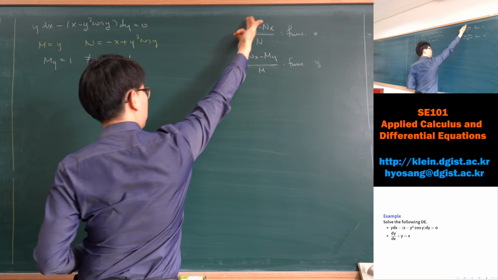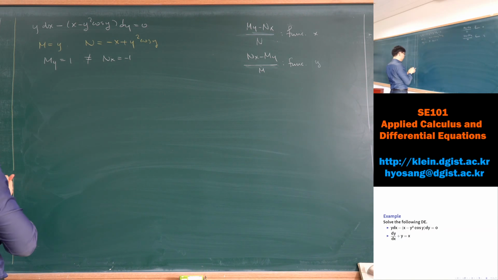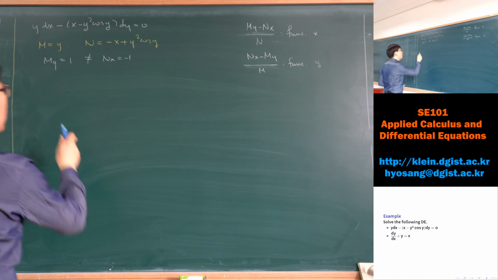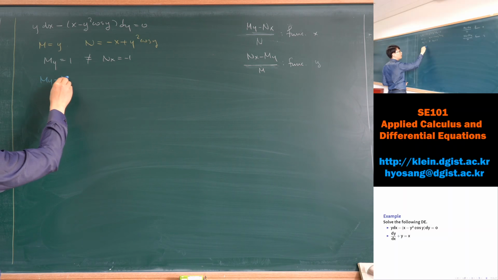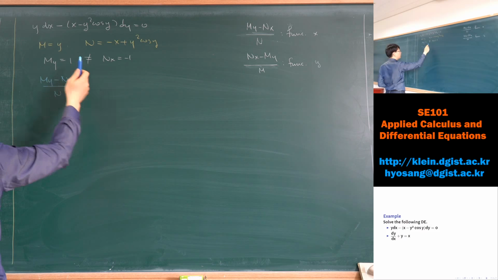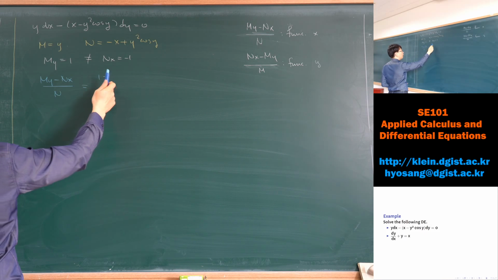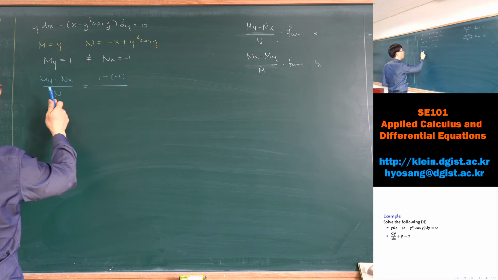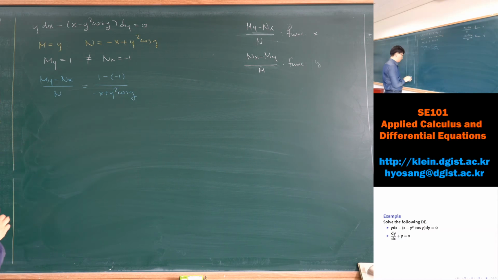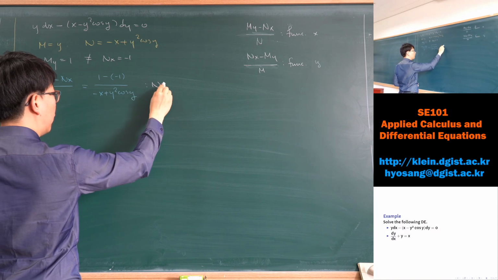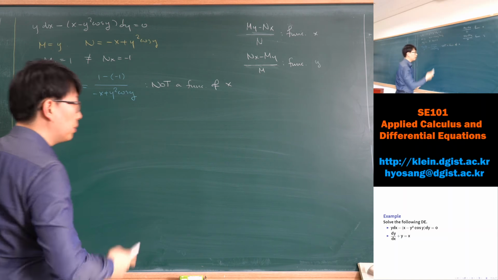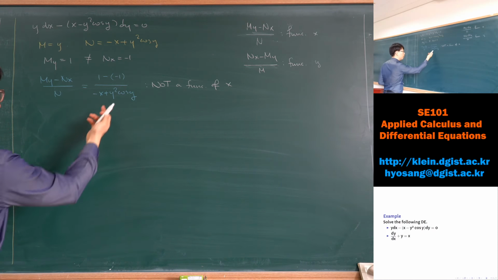So let's check this one first. When I take (my minus nx) over n, I compute my already. So 1 minus nx, which is minus 1, over n. And n is minus x plus y squared cosine y. This is not a function of x because there's y in the formula.